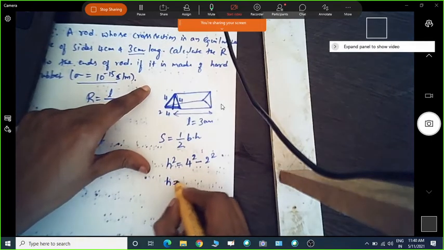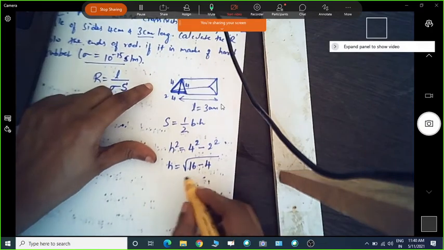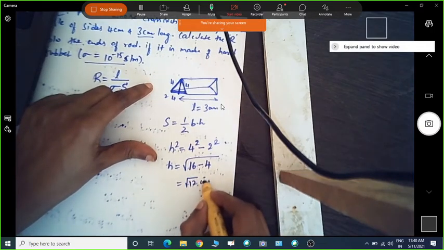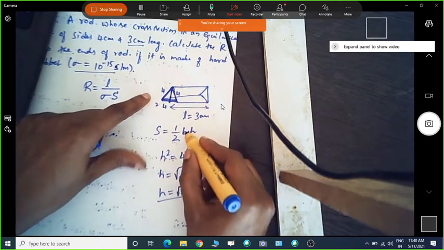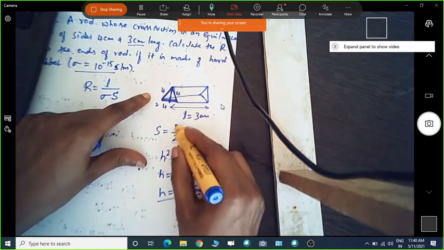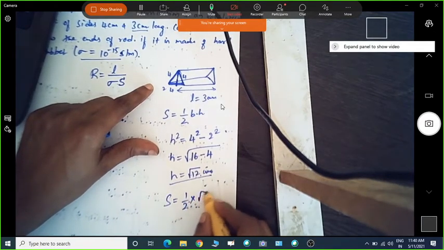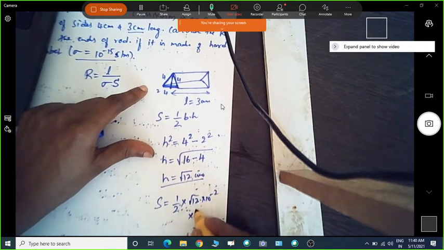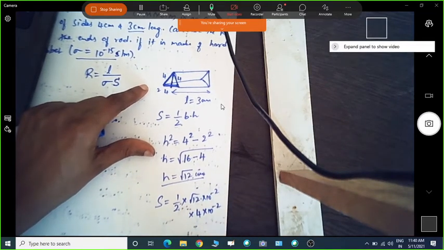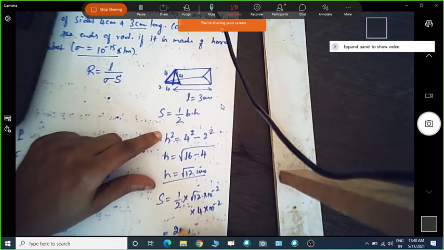So h is the square root of 16 minus 4, which is equal to root 12 centimeter. Now the base is given as 4 centimeter, the height is root 12 centimeter, and you can find the surface area: half of root 12 into 10 power minus 2 into base 4 into 10 power minus 2, which is equal to 2 root 12 into 10 power minus 4.